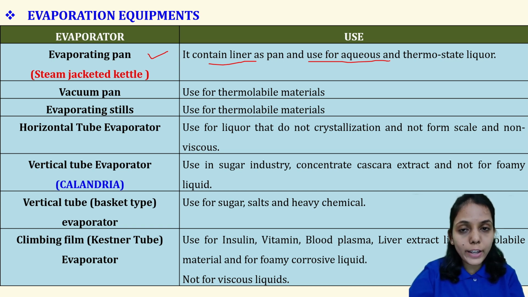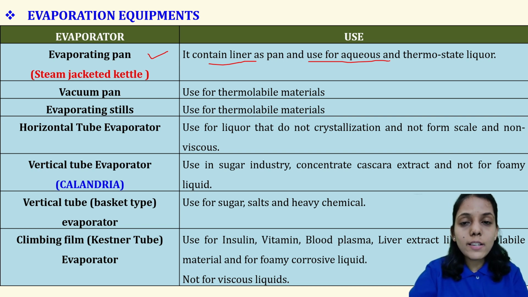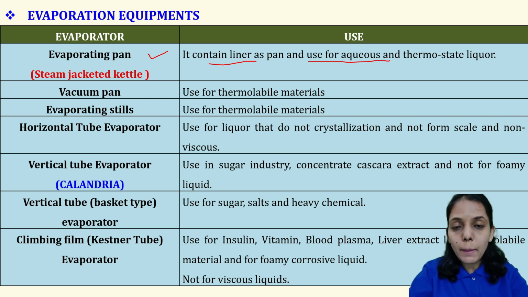Next is about vacuum pans. Vacuum is used for thermolabile materials. For certain materials, temperature is required for evaporation, but certain materials are susceptible to higher temperature. That is the reason they are known as thermolabile, meaning temperature will degrade those materials. In that case, vacuum pans are used.